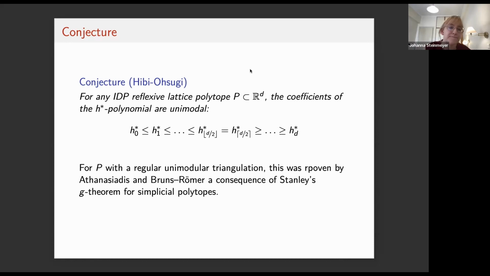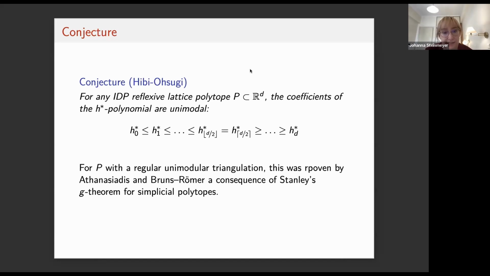And so what you do here is you triangulate the thing, but really what you have is a star with one vertex, one point in the middle, and you have an h vector of this star that is the same as the h vector of this boundary. Now the boundary is just a polytope. So this is going to be the h vector of a polytope that we can apply Stanley's g-theorem to.